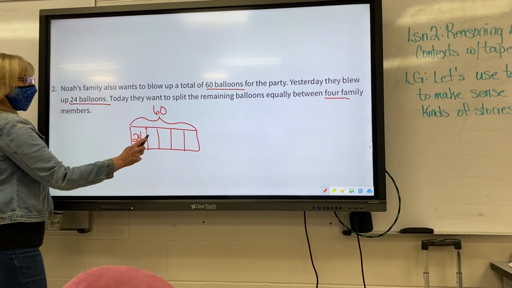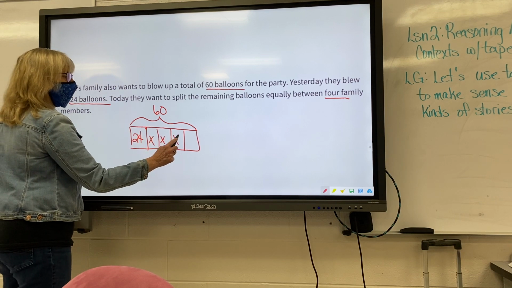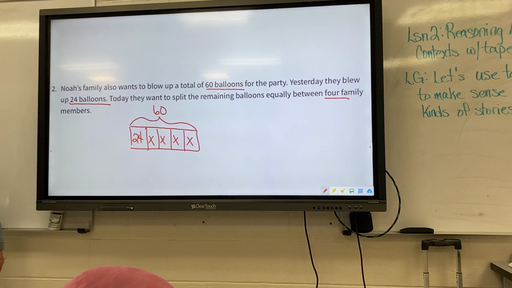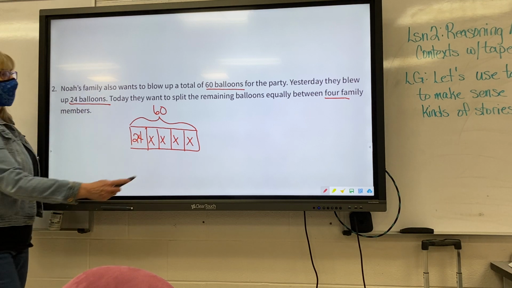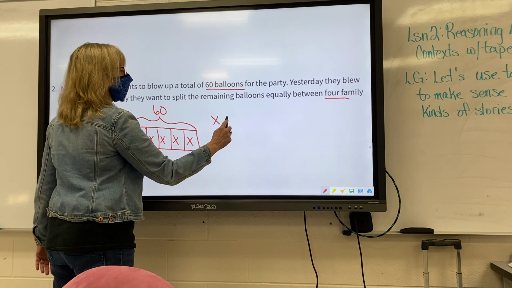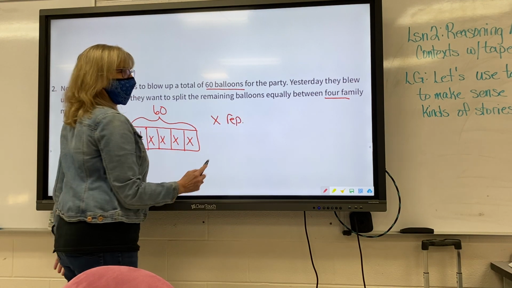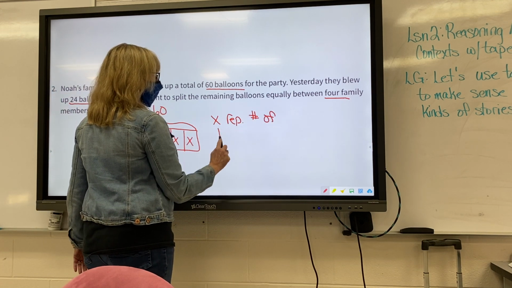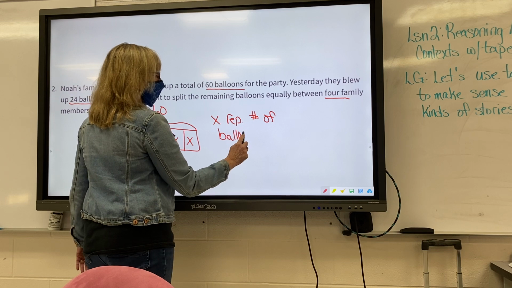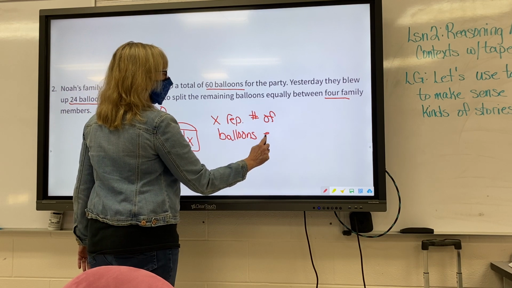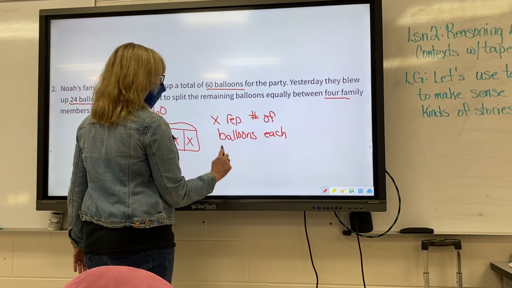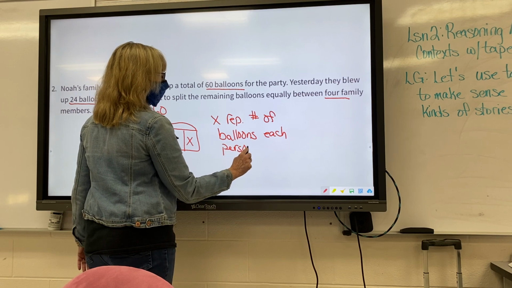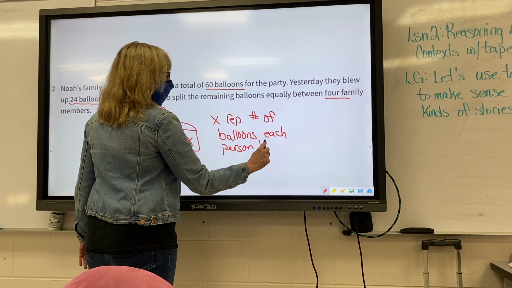We don't know how much each person blew up, so that's gonna be our variable. So X is, I'm just gonna abbreviate, represent number of balloons each person blew up.